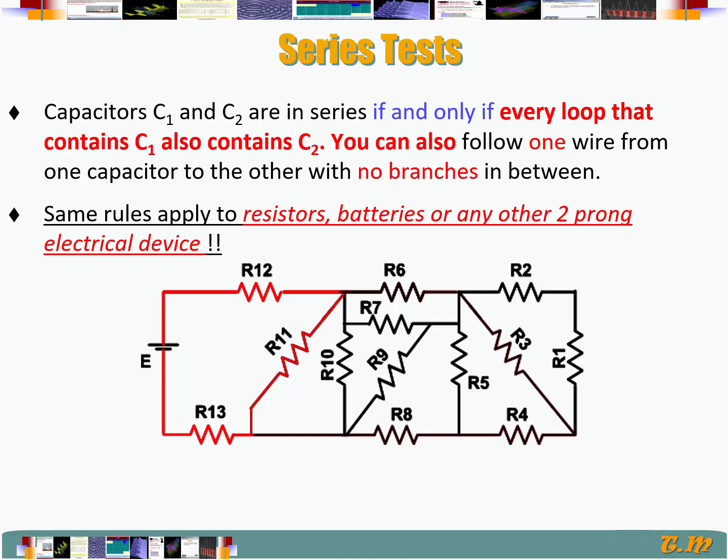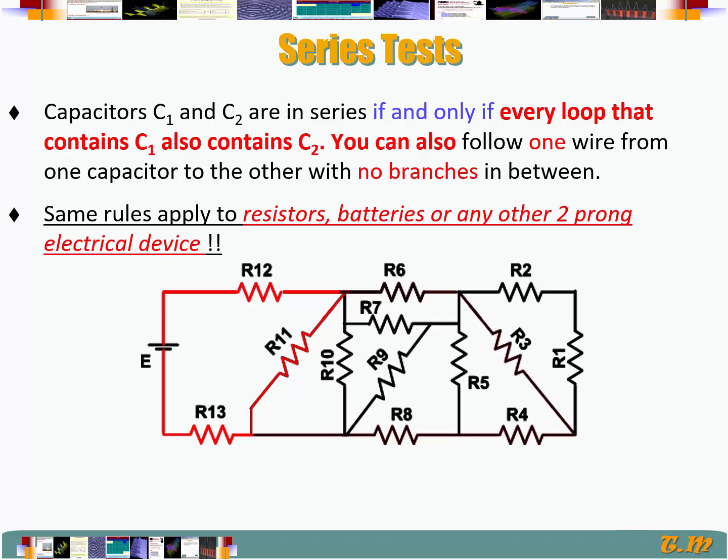Now let's go back and look at the same loop we had earlier, but let's check if R12 is in series with R13. Now in this case, we see them both in the same loop. They are also in this same loop, R12, R11, R13, and the battery.